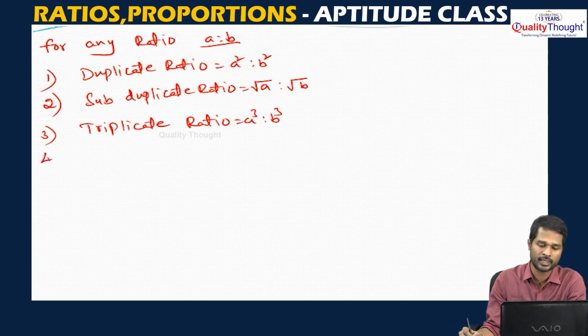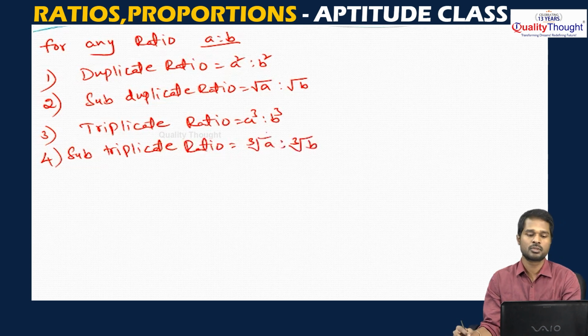And the fourth one is the sub-triplicate ratio, which can be written as cube root of A is to cube root of B. So this is for any ratio.